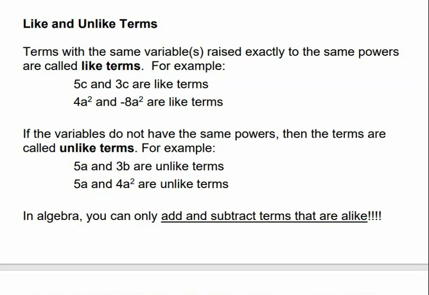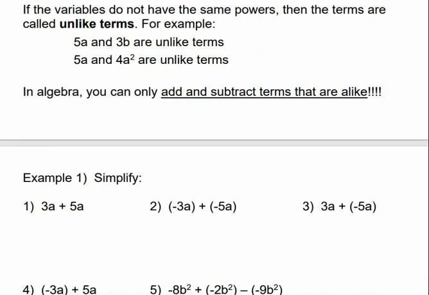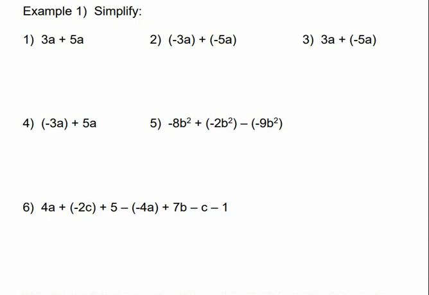Even though they both have a's, one is just an a and one is a squared. So they're unlike terms. So whenever we're trying to simplify terms, we can only add or subtract terms that are alike. So let's do that in these examples.